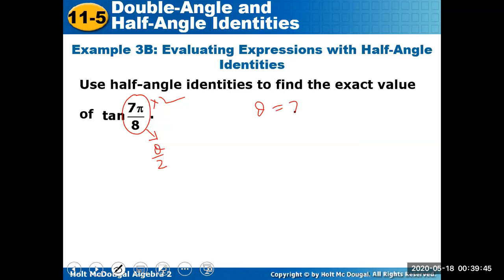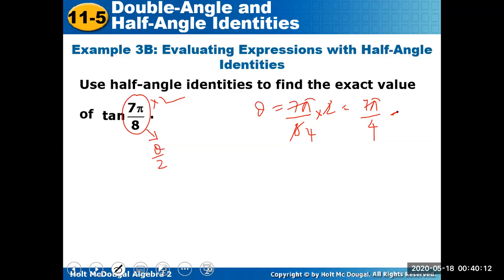So it will be 7 pi over 8 multiplied by 2, which is 7 pi over 4. We know that 7 pi over 4 is in the fourth quadrant. But we are not concerned about this one's sign convention right now.